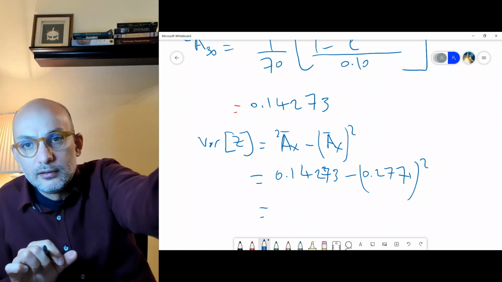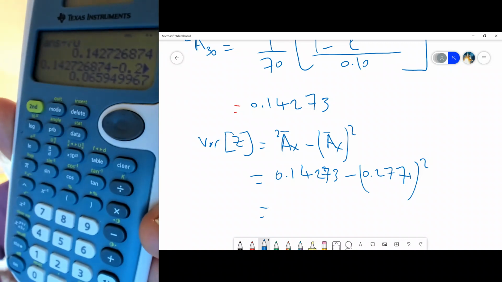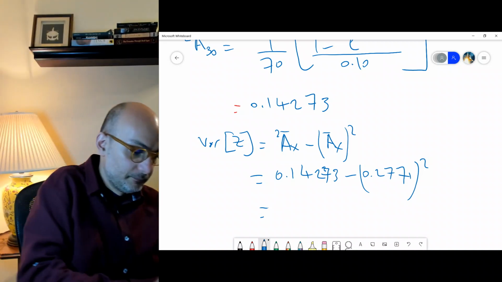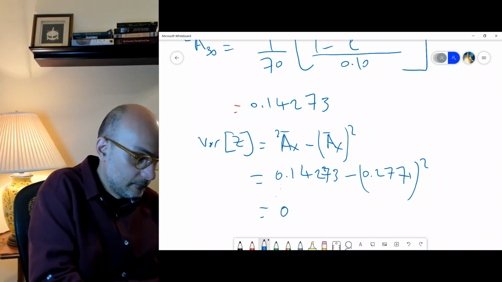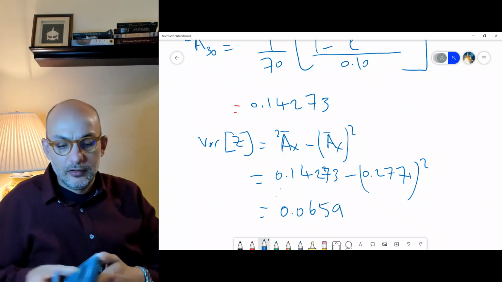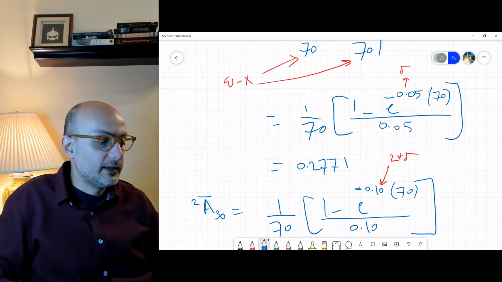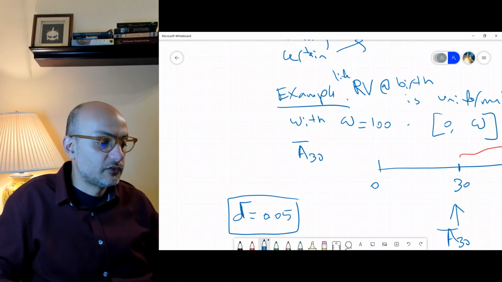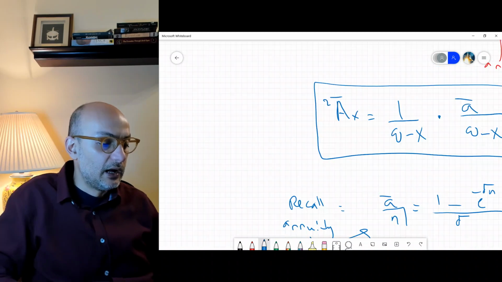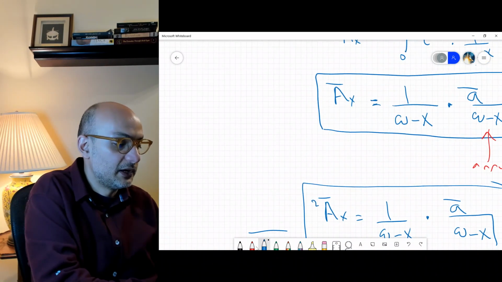So I get this value, 0.06594. Right. So the variance is 0.0659. This is straightforward, it's easy, nothing complicated. So I wanted you again to memorize these formulas, this and this, very important.